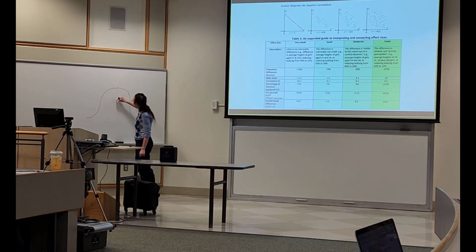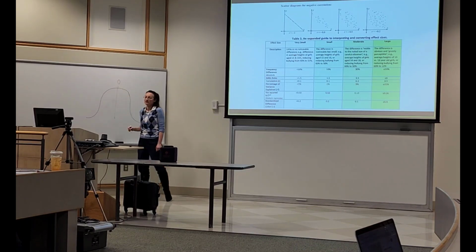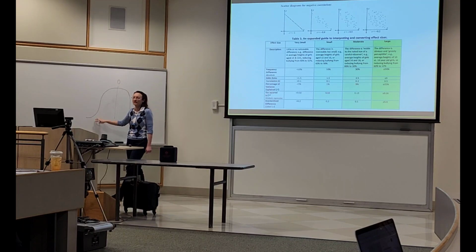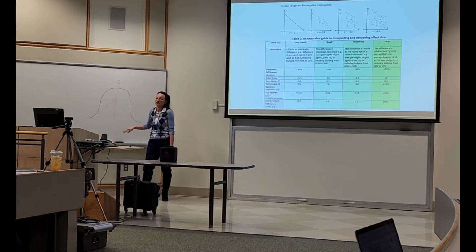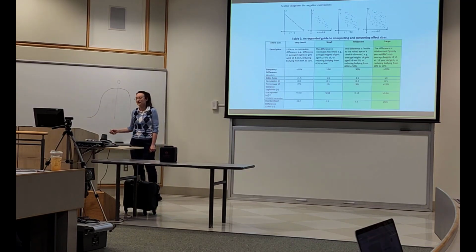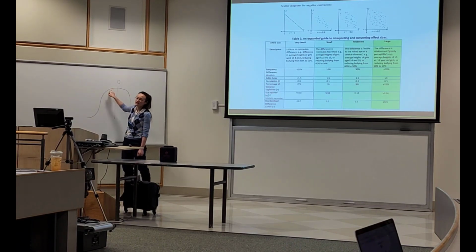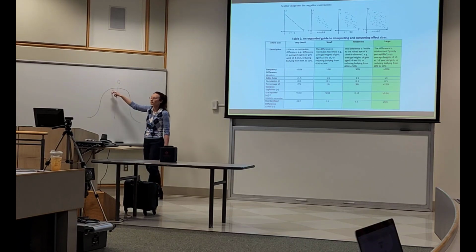So the true difference is 0, and there's all these random variables that affect the size of the differences you find. And if you did an infinite number of studies, the average of the results would be 0. But every time you do it, you might find a small difference in favor of the control group, or a small difference in favor of the treatment group.